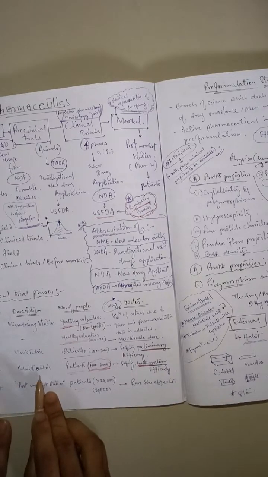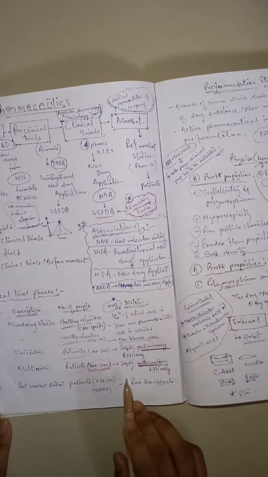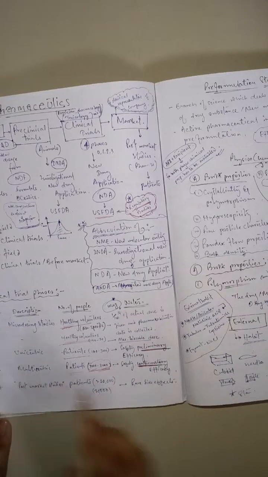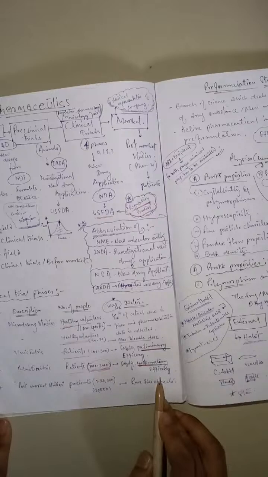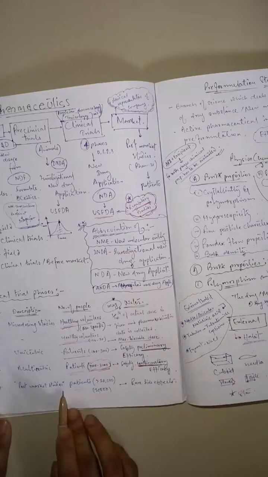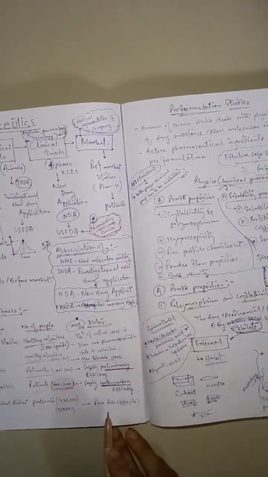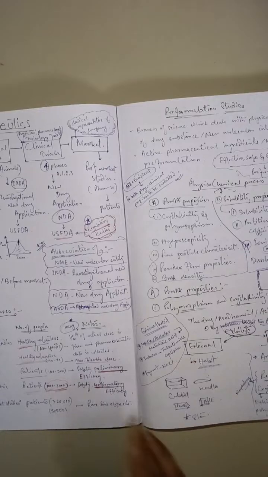It will be done at multiple centers on 1000 to 3000 patients, and this phase is also called safety and confirmatory efficacy. Next, the fourth phase is called multiple post-market studies, done on more than 20,000 to 30,000 patients, and rare side effects are studied in this.